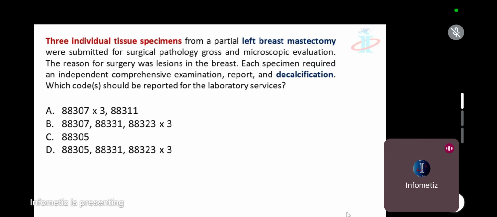Not given, 307. One more thing you need to write down on the top of your book, the golden rule for this: number of specimens is equal to number of codes.